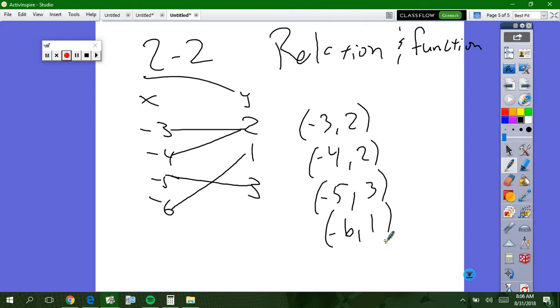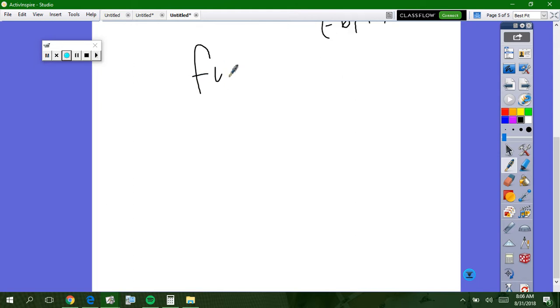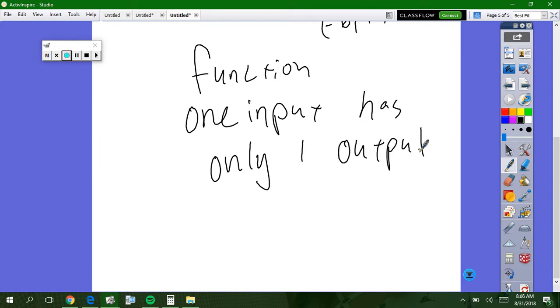Okay, how can we check something if it's graphed to see whether it is a function? First off, let's write that down. Function: one input has only one output. One input has one output.